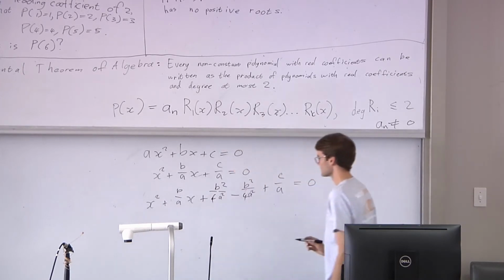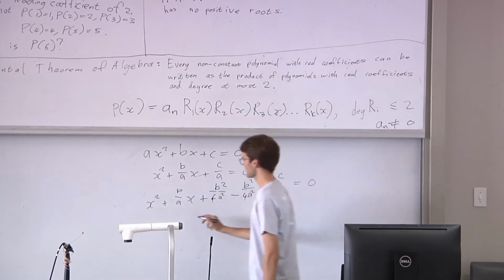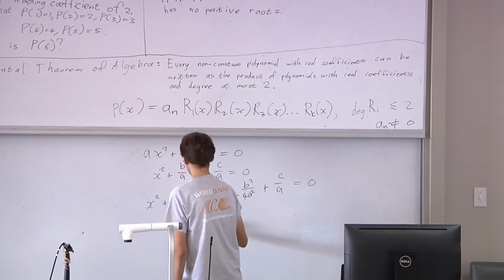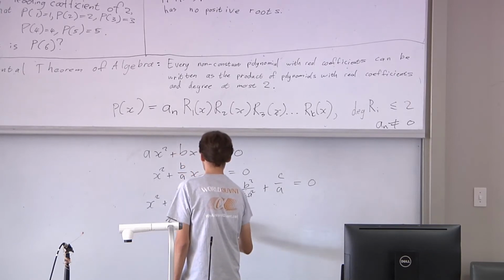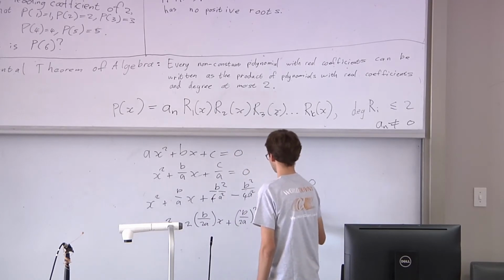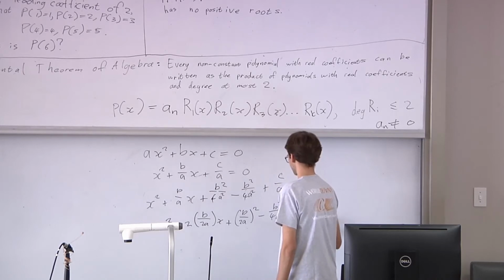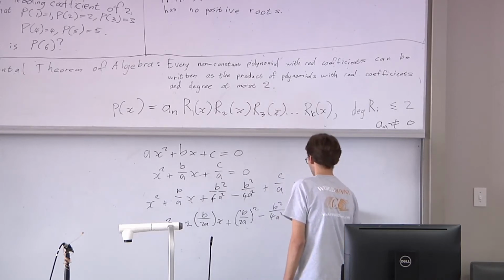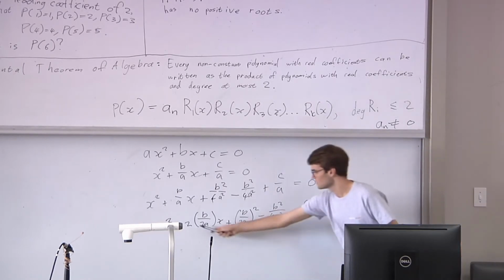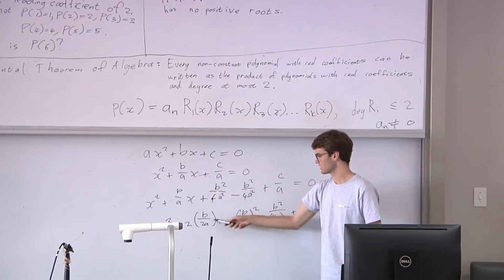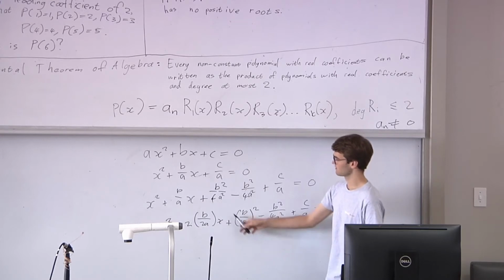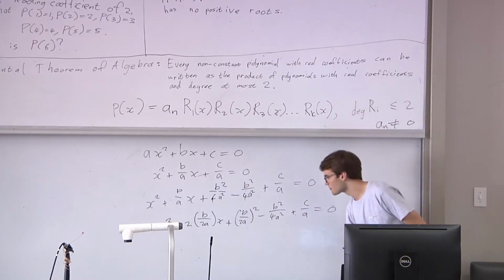So you notice that this is x squared plus 2 times b over 2a x plus (b over 2a) squared minus b squared over 4a squared plus c over a is equal to 0. The 2's cancel out, just leaving b over a times x, and you get a b squared there, and a 2a squared would give you a 4a squared over there.